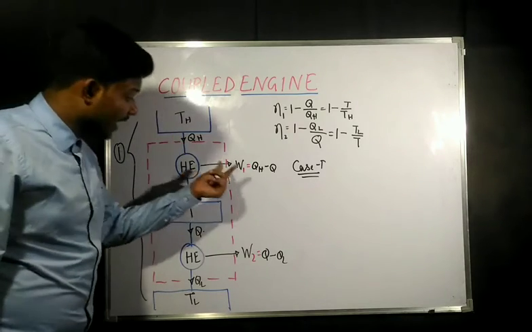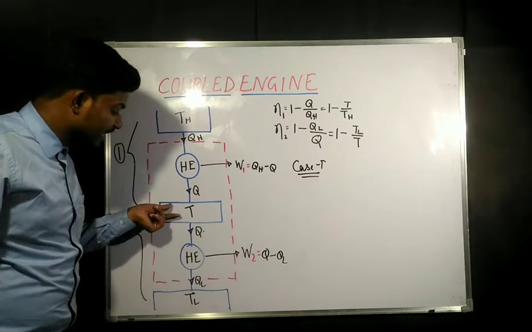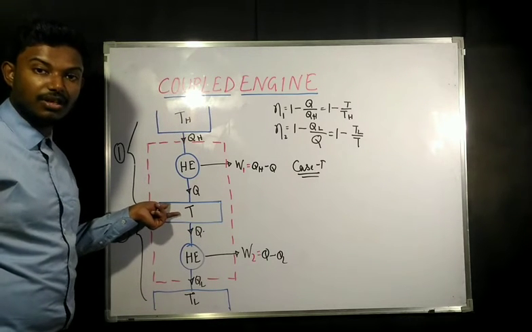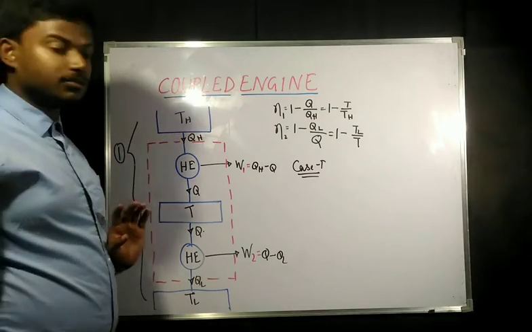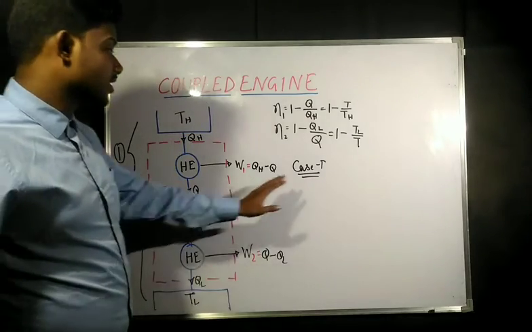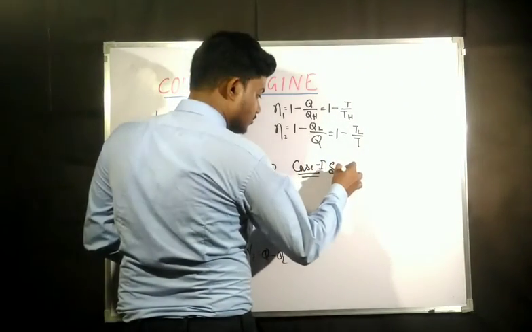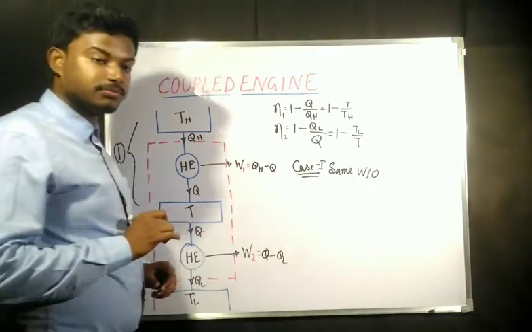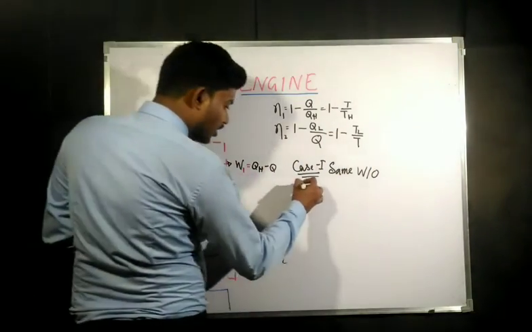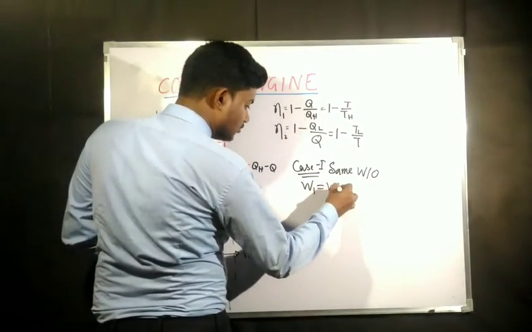That means, to get equal W1 and W2, what should be the temperature of the intermediate reservoir needed to couple these two. So for case 1 we take the same work output, that is W1 is equal to W2.